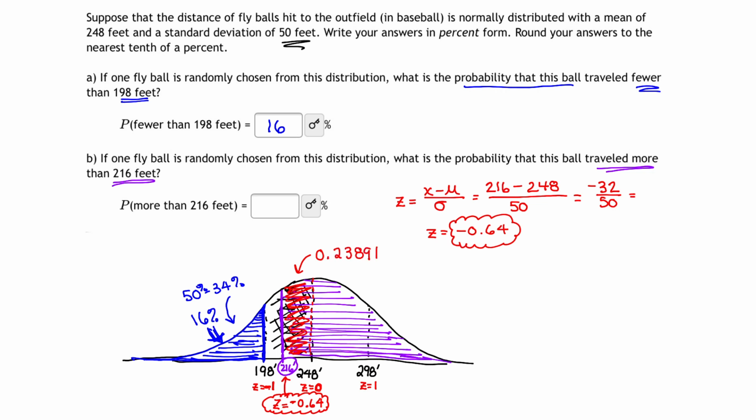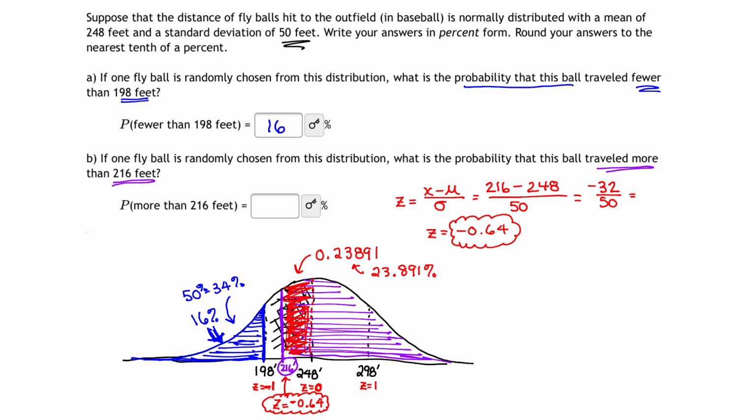0.23891 is the area under the curve in between the z-score negative 0.64 and the z-score z equals 0, or the mean. It's the area of that red band right there. In the context of what we're talking about, that means that 23.891% of the area under the curve falls in that red band.